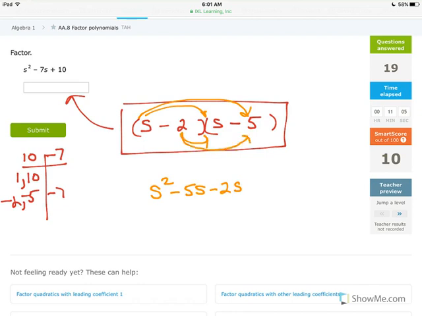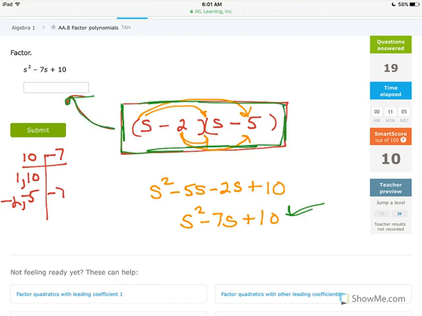And a negative times a negative is a positive, and 2 times 5 is 10, so we get positive 10. So s squared minus 7s plus 10, so that checks out. That looks like a good answer. So again, these are your factors that are going to go into the answer box.